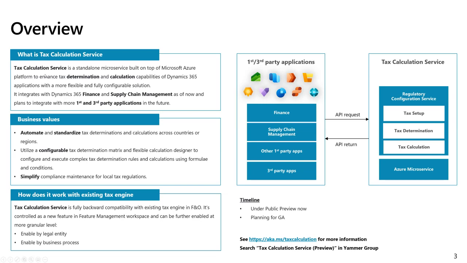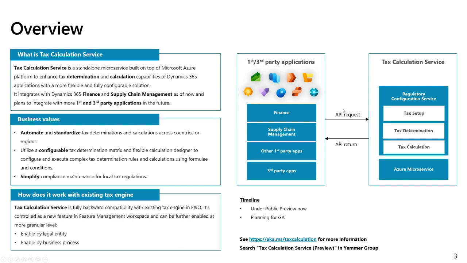So tax calculation service is a standalone microservice built on top of Microsoft Azure platform. And the tax calculation service focuses on the tax determination and the calculation part of the full life cycle of tax management. So with this technical architecture, a microservice-based feature, tax calculation service can be available for multiple applications, not like the existing tax engine in FO.